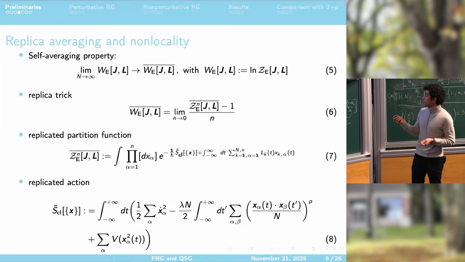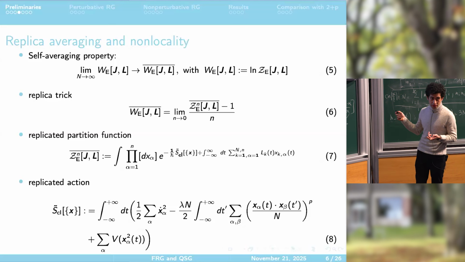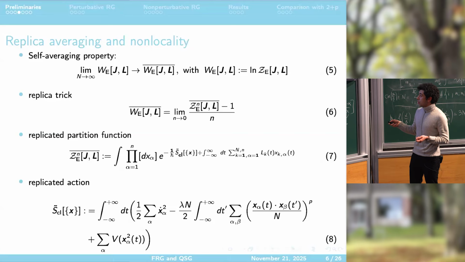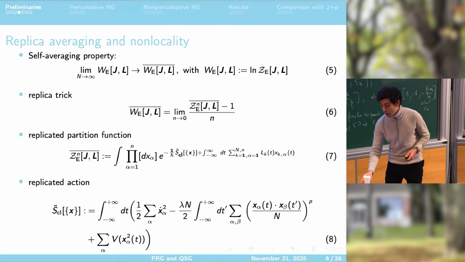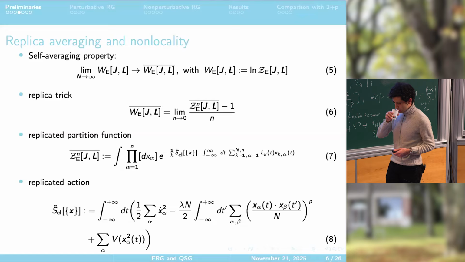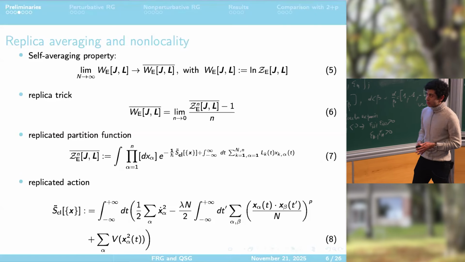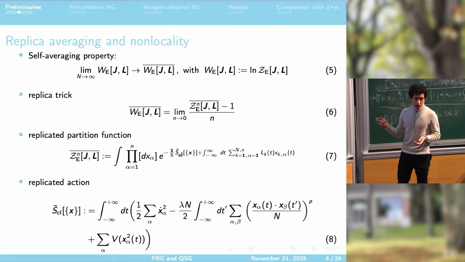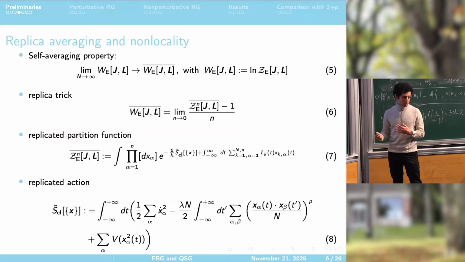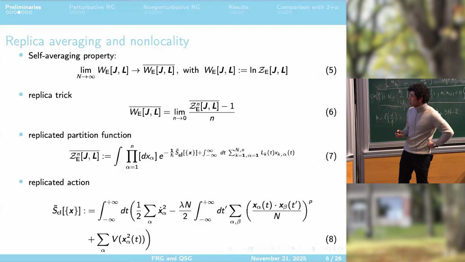So this term, notably, breaks the locality that we have in our original action, and also couples the replicas with each other. And then we have this power of p, which in our case, we focus on p equal to 3, so just 3-tensor disorder.